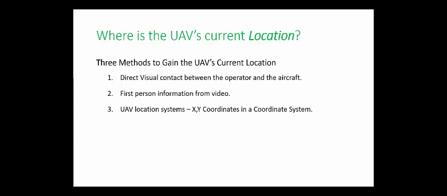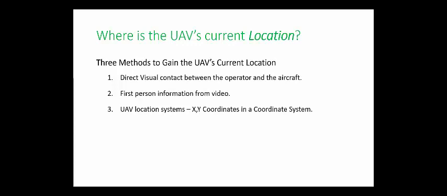So understand that perspective by watching the video and then figure out where that aircraft is located. As long as we can see the home position location, or the location where we are, then we have a safe path back to the launch location to recover the aircraft.